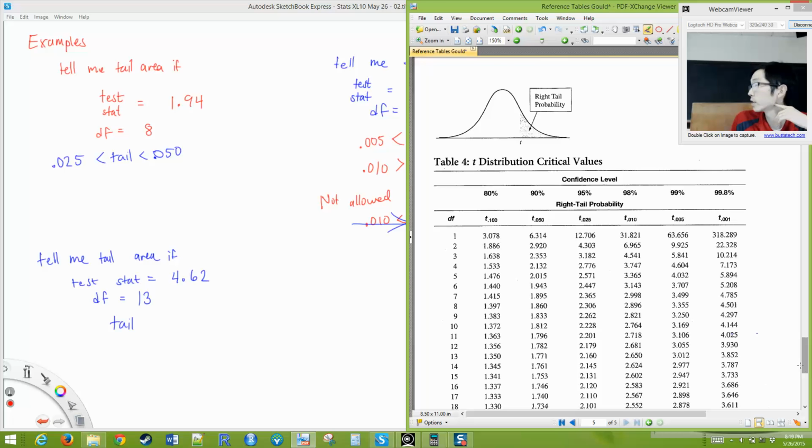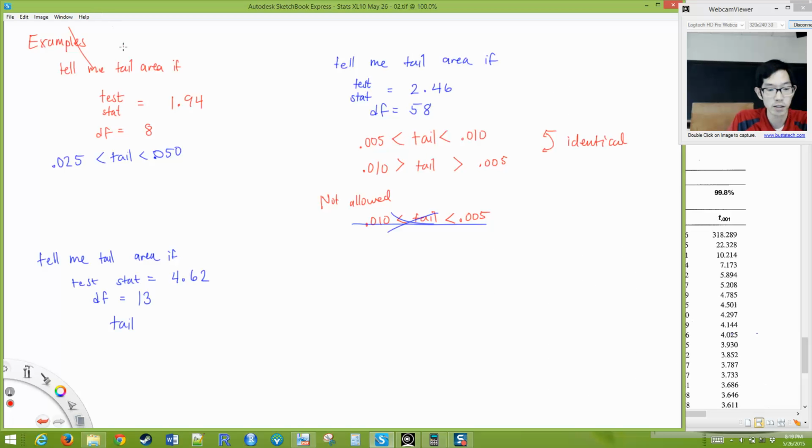So it's going to be greater than 0.001. No. Our tail area is less than 0.001. Okay? This is my answer here.